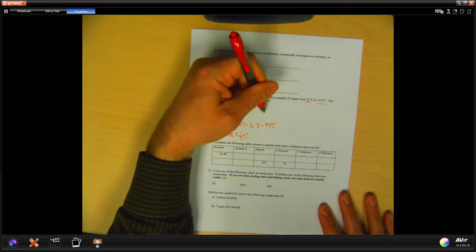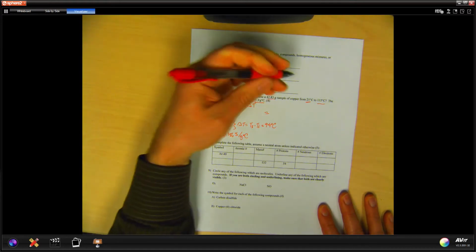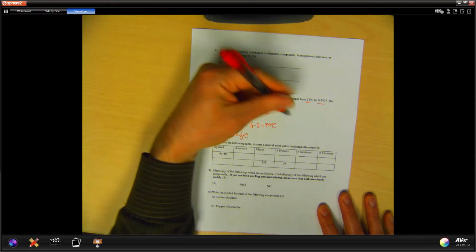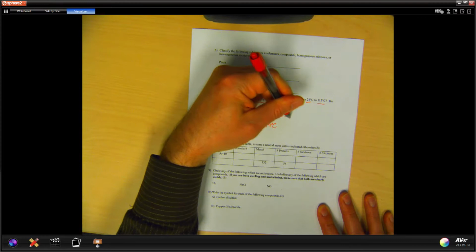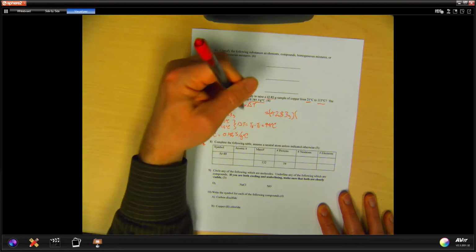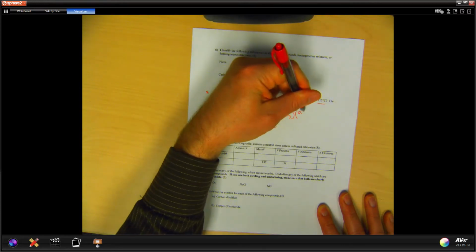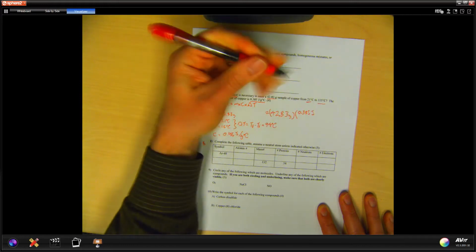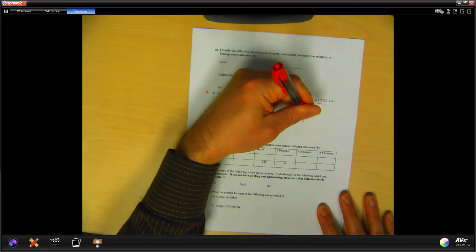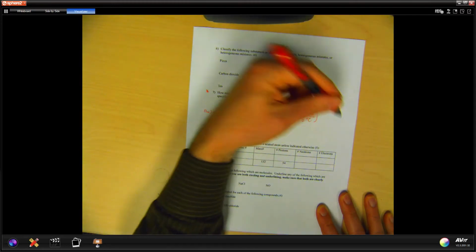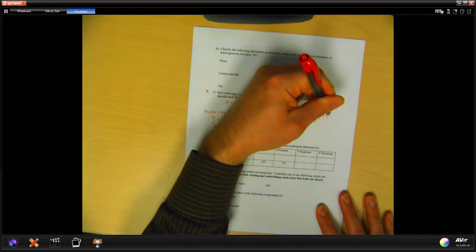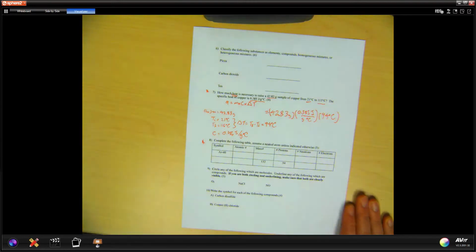And then we take that and we put that into the equation along with these other numbers. So the mass is 42.83 grams. The specific heat is 0.385 joules, and that's divided by grams and degrees Celsius. And then delta T is 94 degrees Celsius.